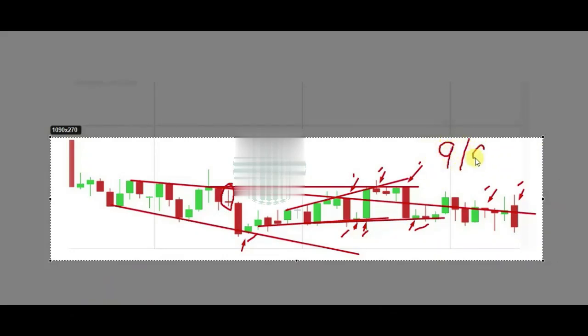Out of 9, all are winning trades. See, this is very basic, but you should know how to draw the support and resistance properly, as I showed you in the previous video, and also I have drawn in front of you how to draw support and resistance. So don't look at the strength or weakness of these candles.